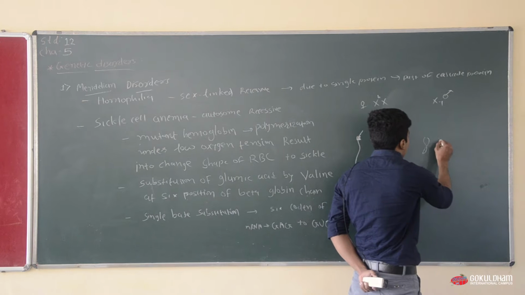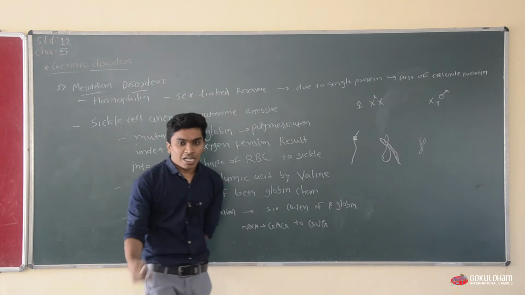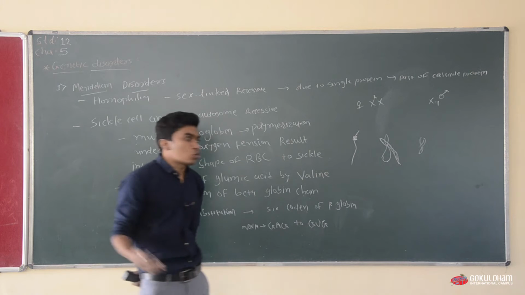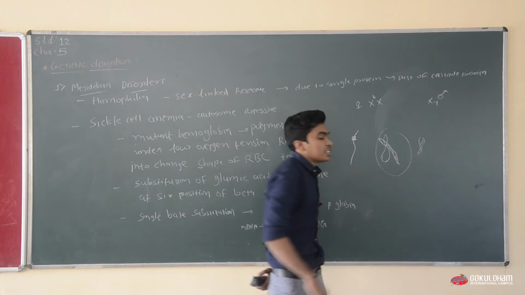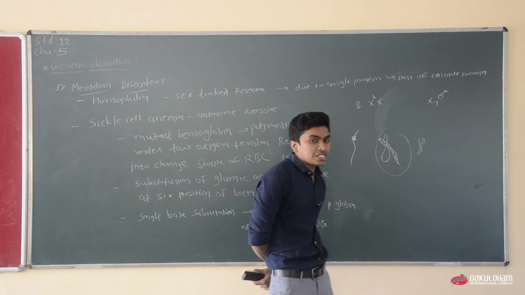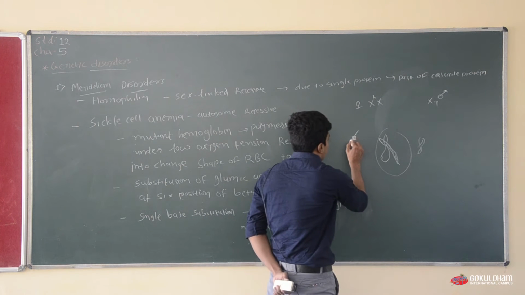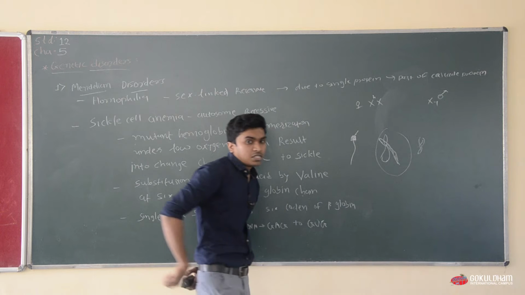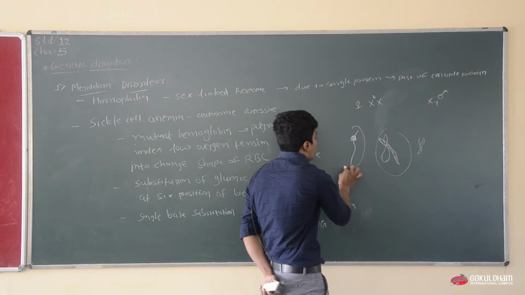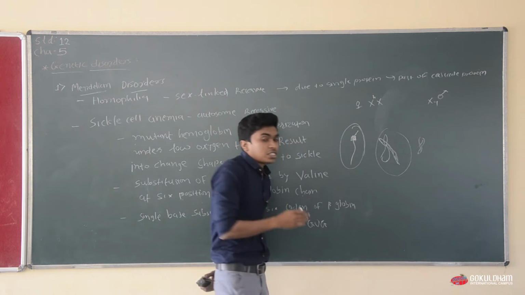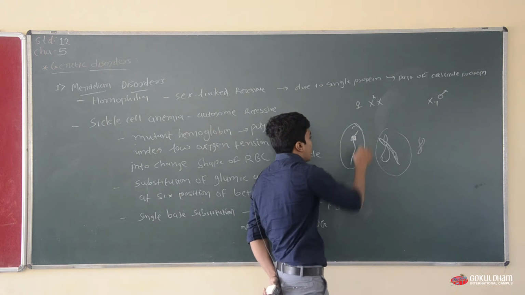Either it decreases or increases, or one or more chromosomes increase or decrease. This kind of disease is known as chromosomal disorder, and the disorder which occurs due to an alteration in a gene on a chromosome is known as a Mendelian disorder.